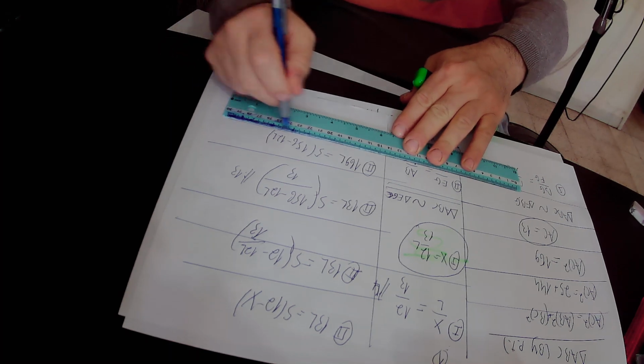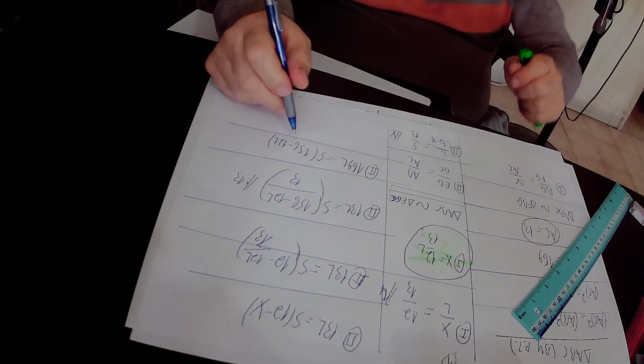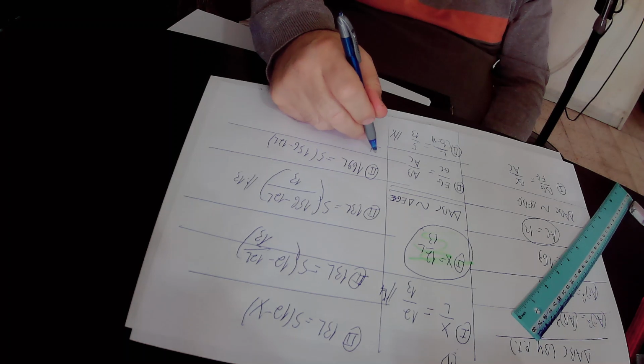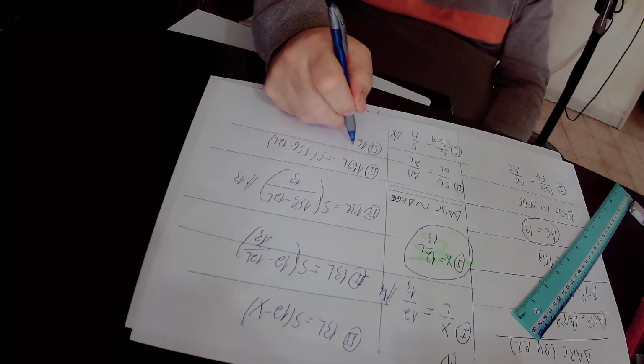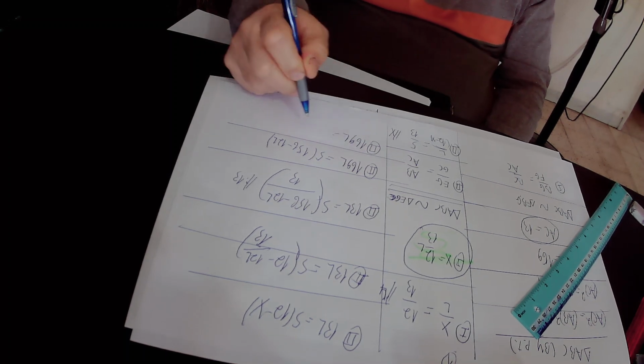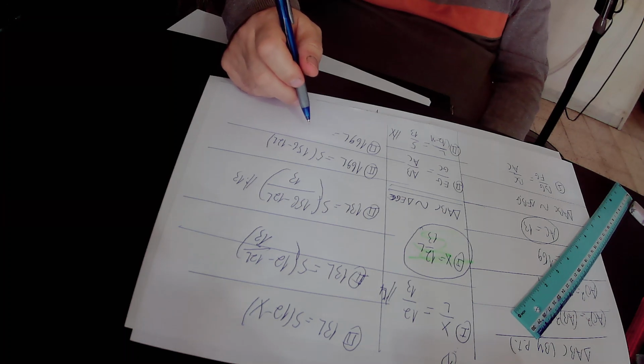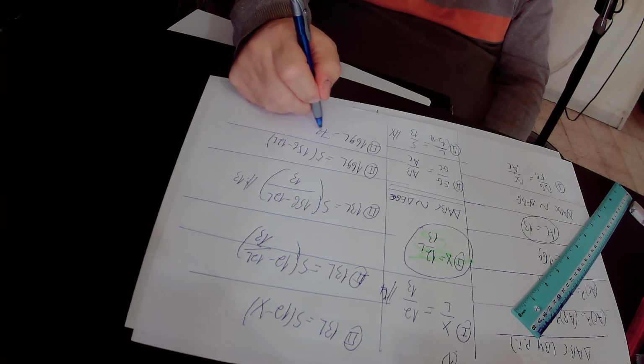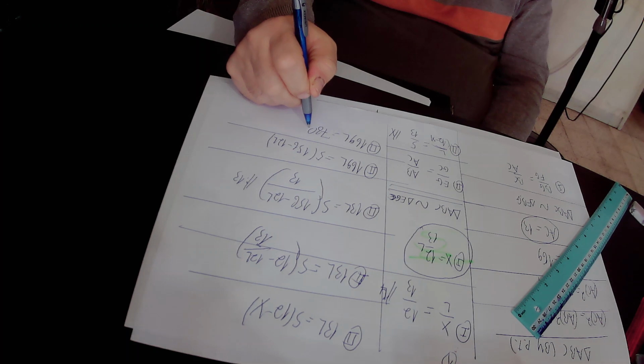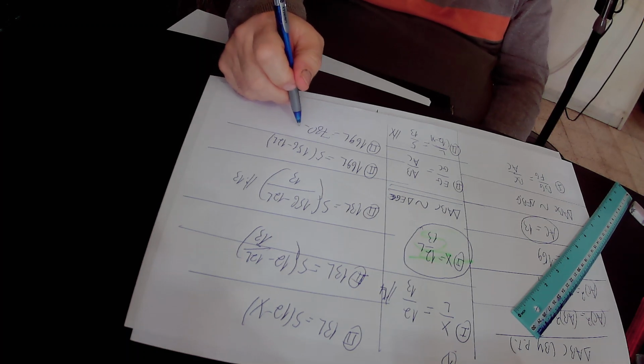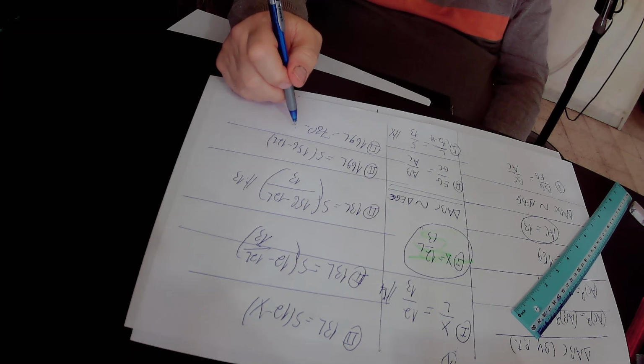Here we open the brackets on this side of equation 2, and we get that 169L equals 5 times 156, which is 780, minus 5 times 12L, which is minus 60L.